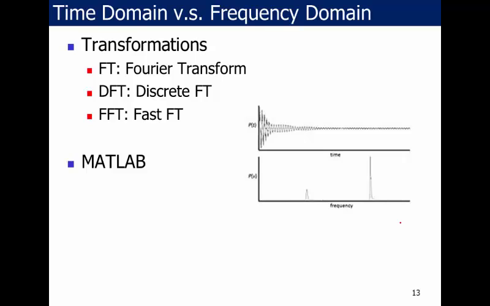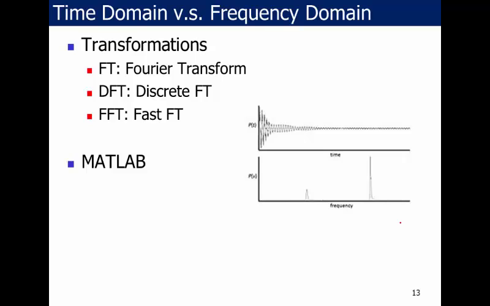So there is a Fourier transform formula available. We don't do it by hand, right? There are electrical engineers who did that for many years. The Fourier transform, DFT, FFT.